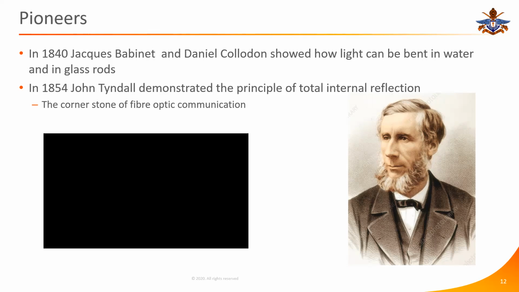So why didn't we take up fiber optics for telecommunication? The reason being, we did not have a suitable light source to guide light over a further distance. We did not understand how the different frequencies go through optical cables. And until the 1970s, we could not reduce the attenuation of light through an optical fiber.